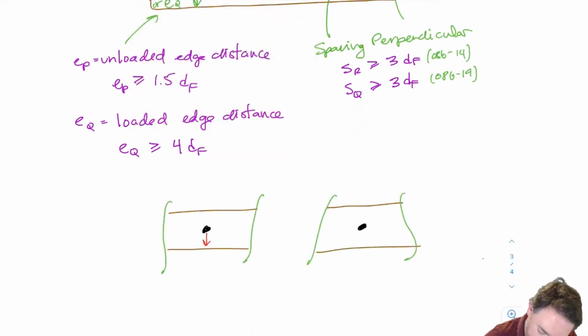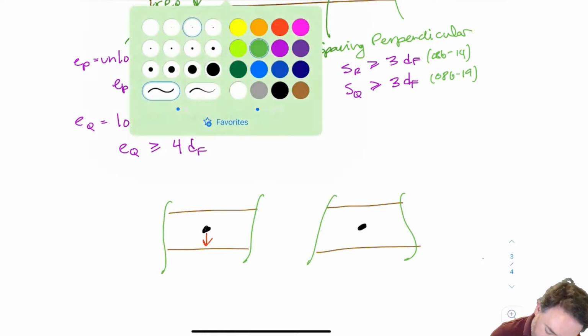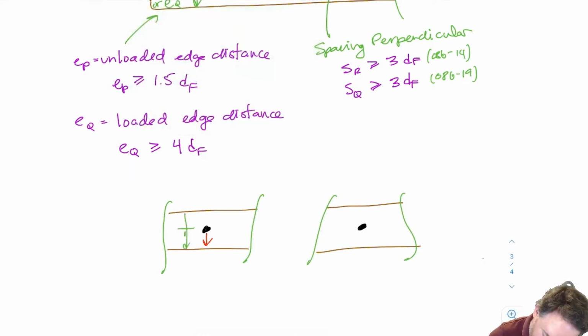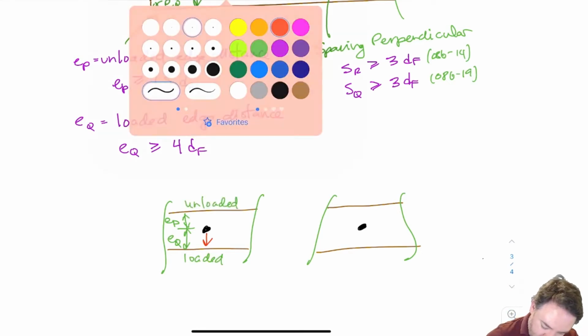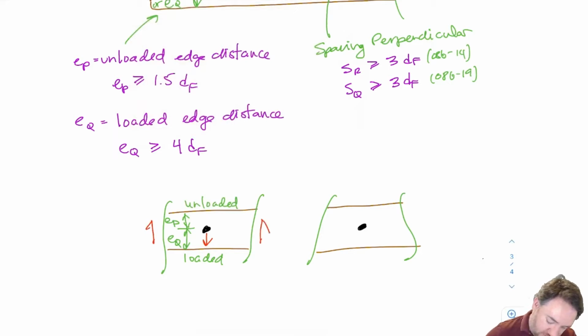In the case that my bolt is trying to push down, then the bottom one will be my EQ, which is my loaded edge distance, and the top one will be my EP, which is my unloaded edge distance. That's because this edge is loaded and this edge is unloaded. And the shear on the beam would look like this.